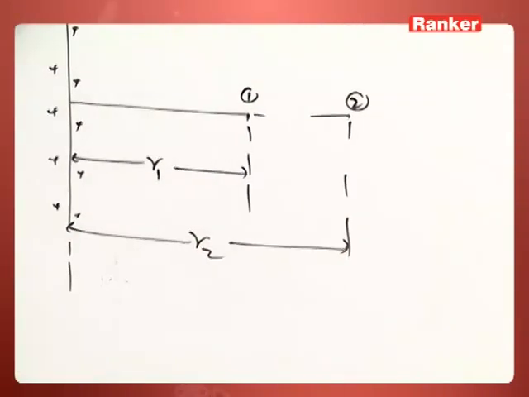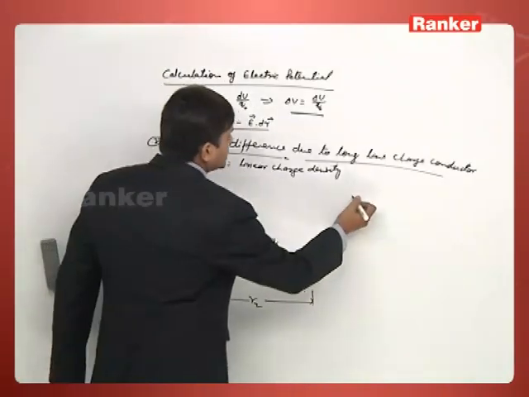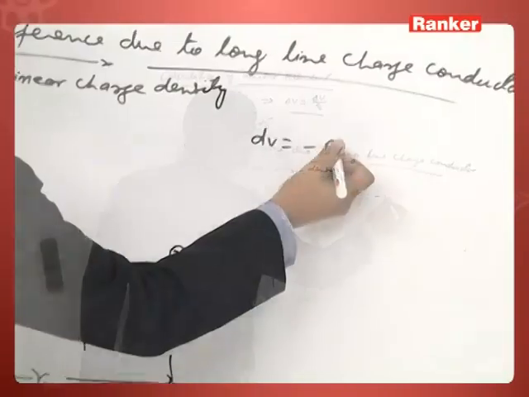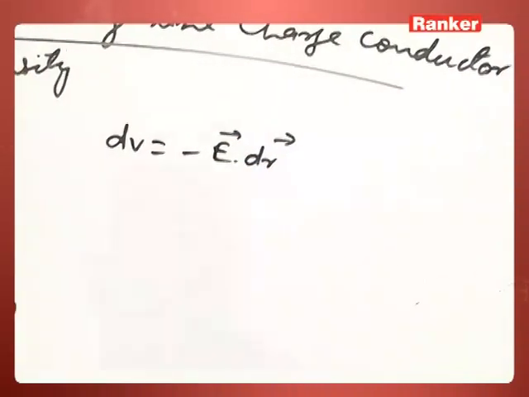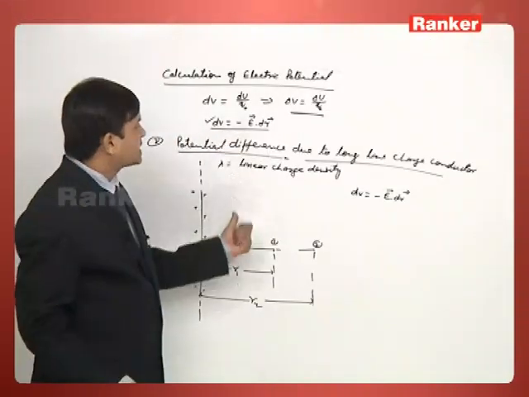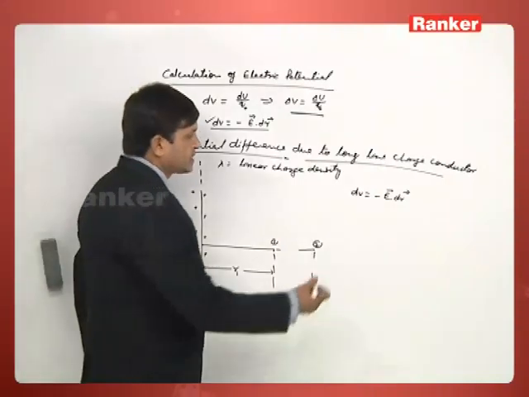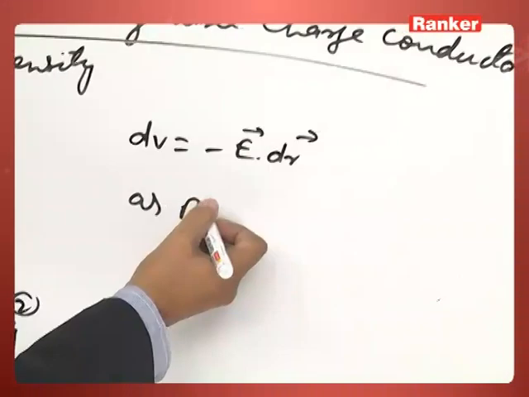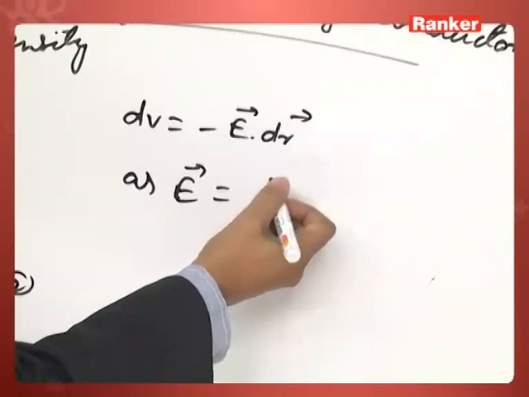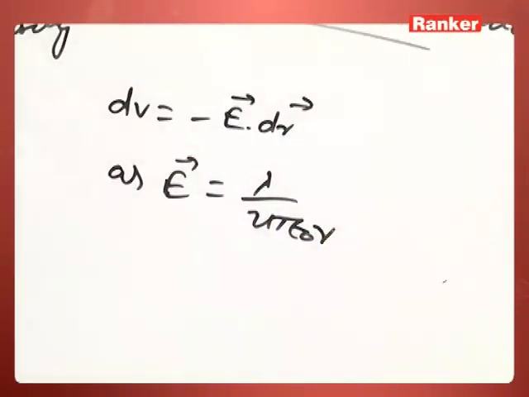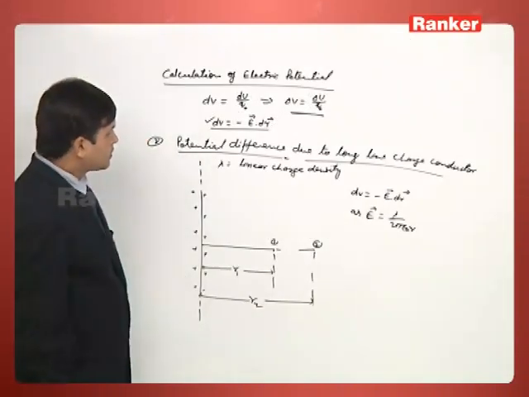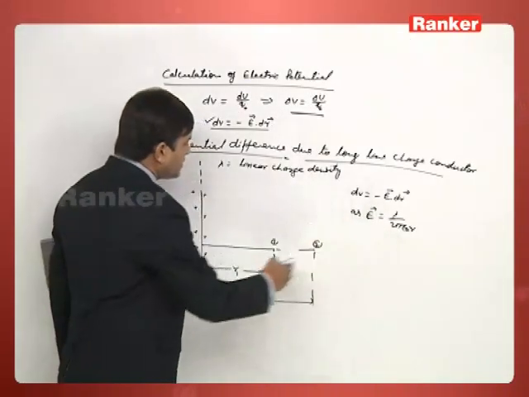So we are following this method: dV is equal to minus E dot dr. The electric field due to a line charge conductor is given as lambda by 2 pi epsilon naught r. So the electric field is variable with position.